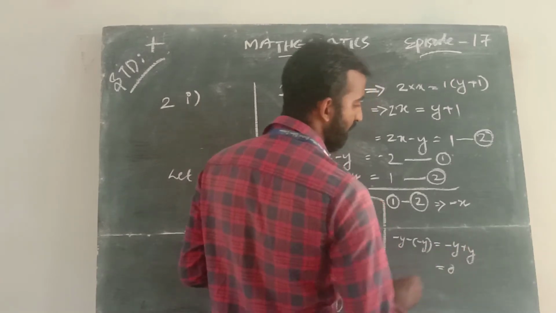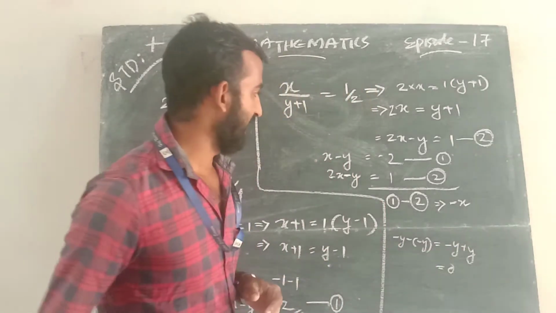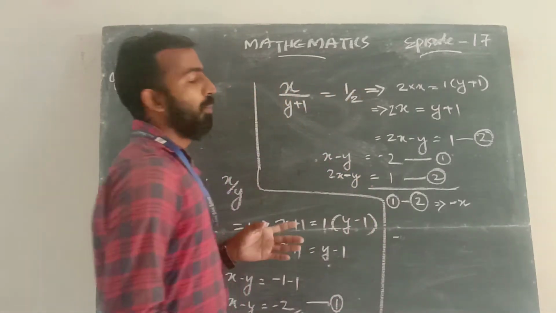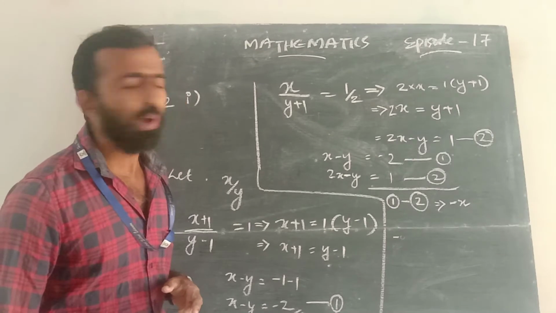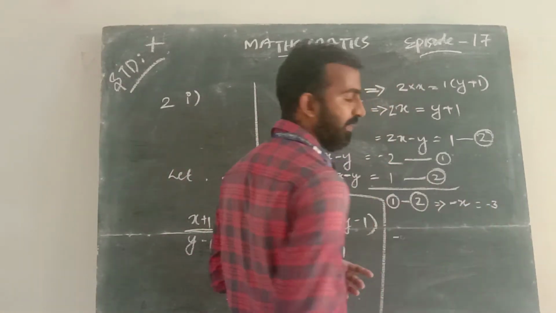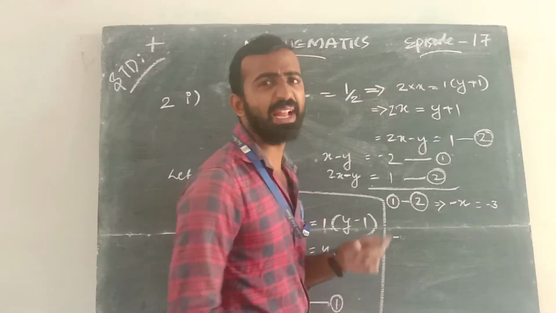We get 0. So here is 0, and minus 2 minus 1. We get minus 3, or negative 3.